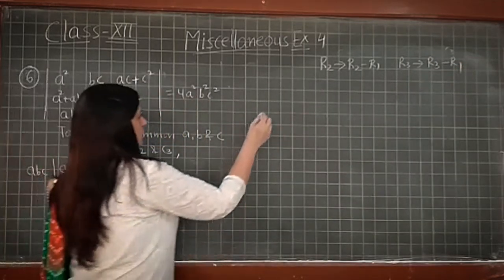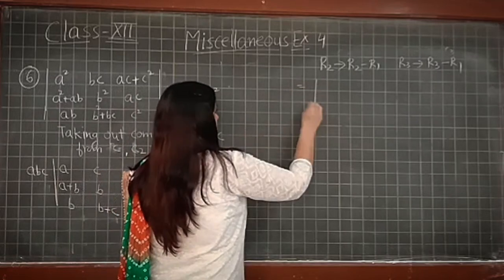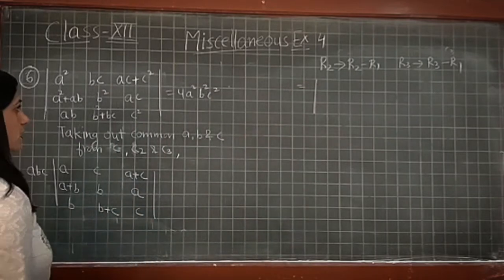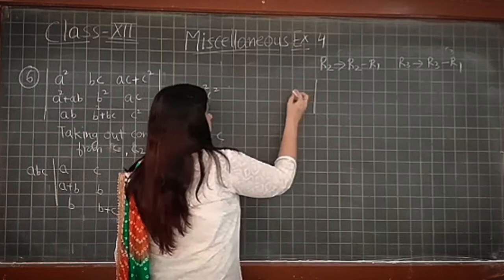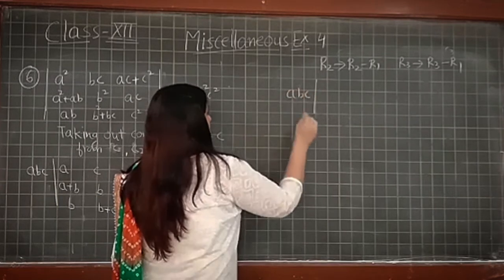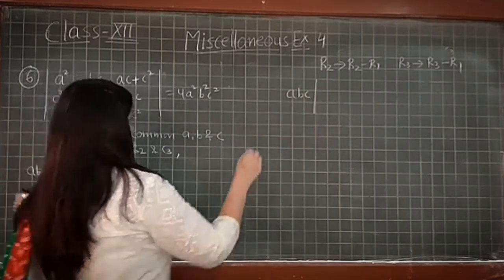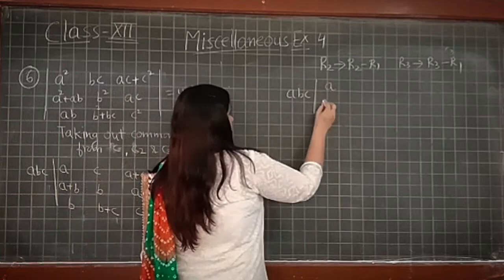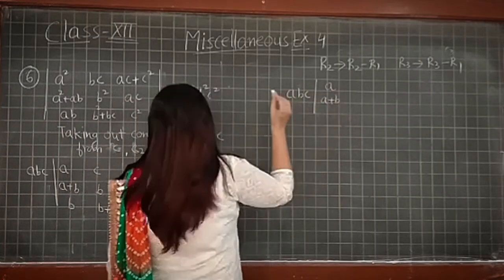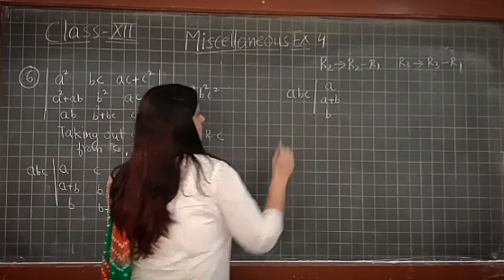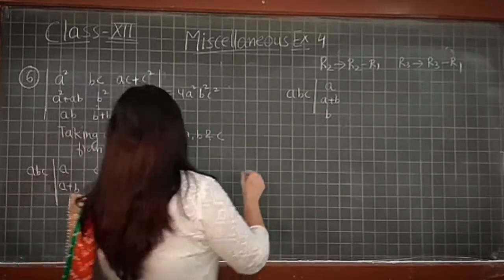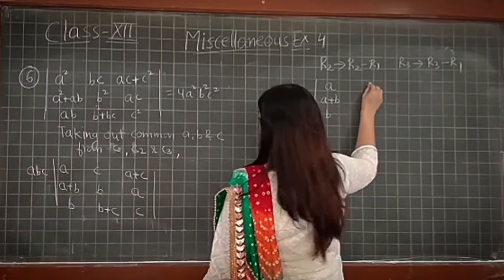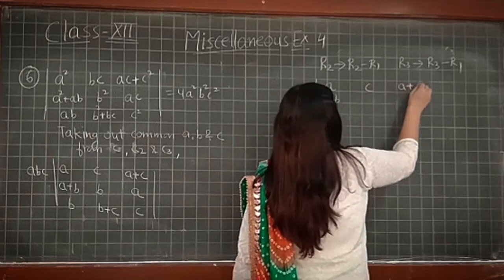Okay, so let us change. Now we have ABC into R1, let me say A plus B and B. Oh, no, we are changing about this. Will be C and A plus C.